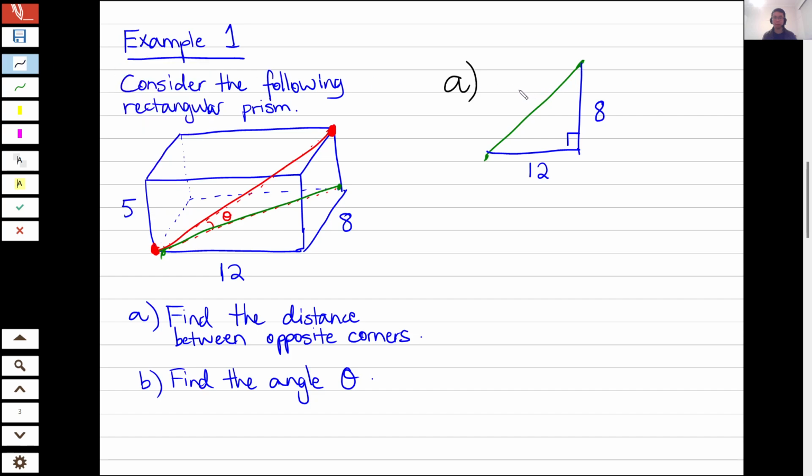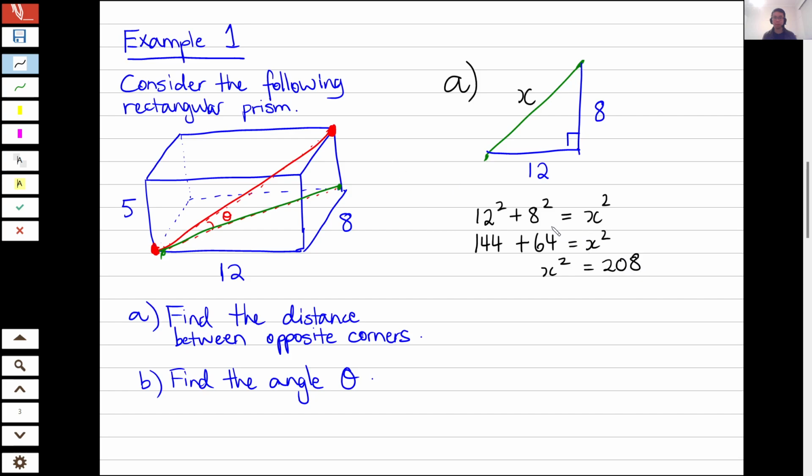And just because I can, I'm going to call this length x. Using Pythagoras' theorem, I can write the following. 12 squared plus 8 squared equals x squared. And using our calculator or our knowledge of times tables, we can say that x squared equals 208.